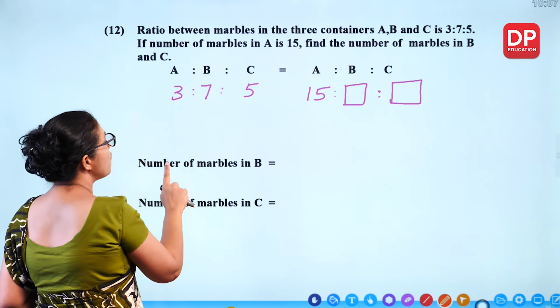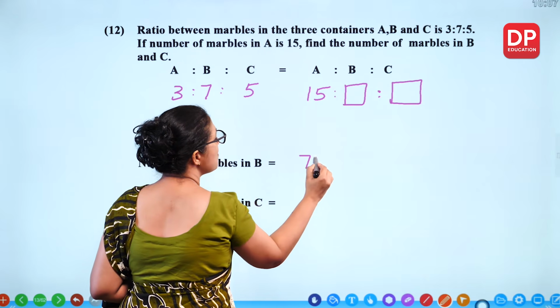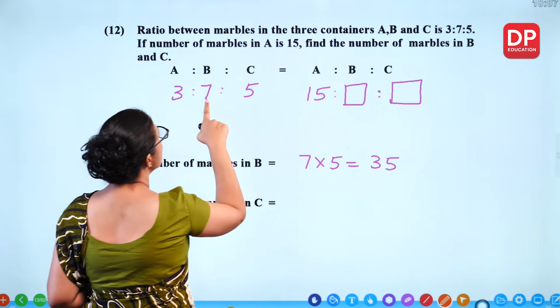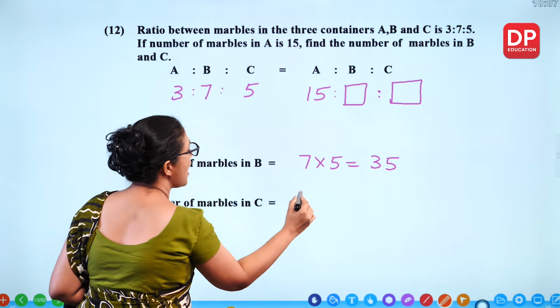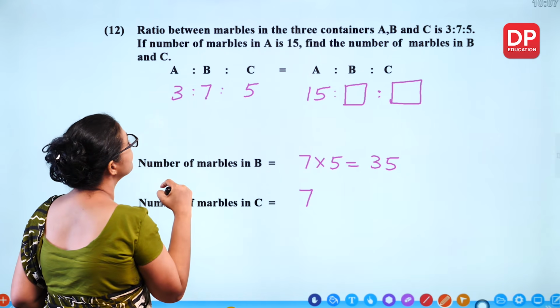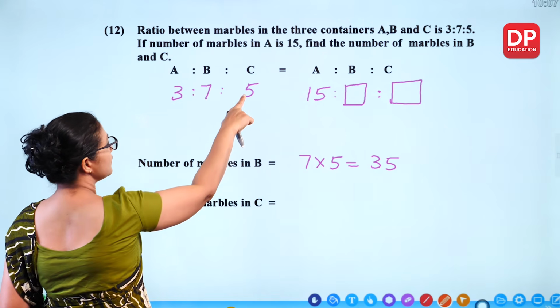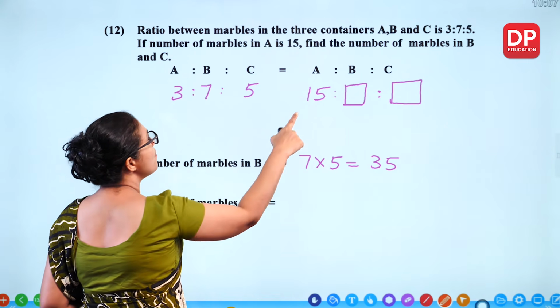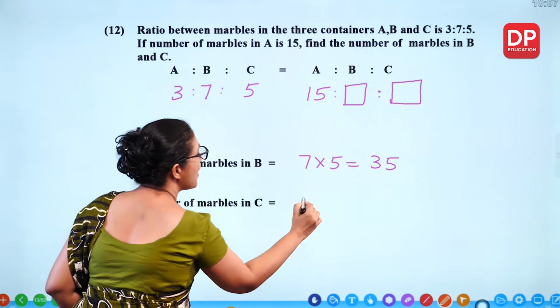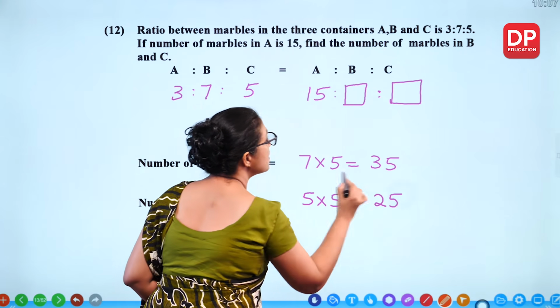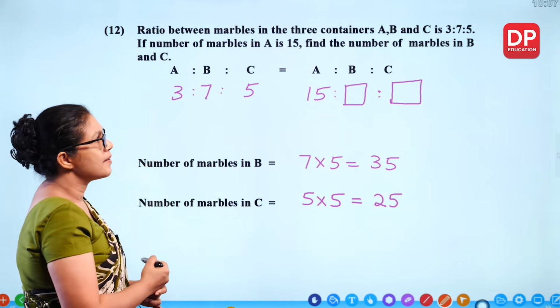So what's the number of marbles in B? 7 times 5, that's 35 marbles. This one is 5, and you need to multiply by 5. 5 times 5, you get 25 marbles in container C.